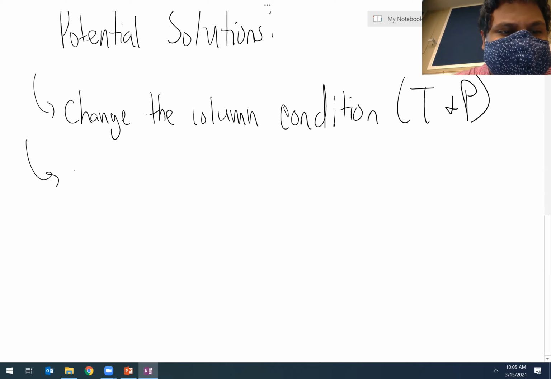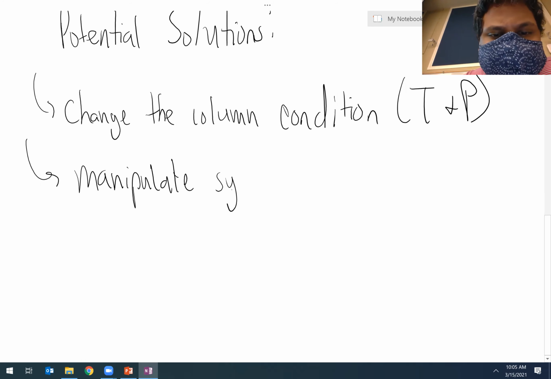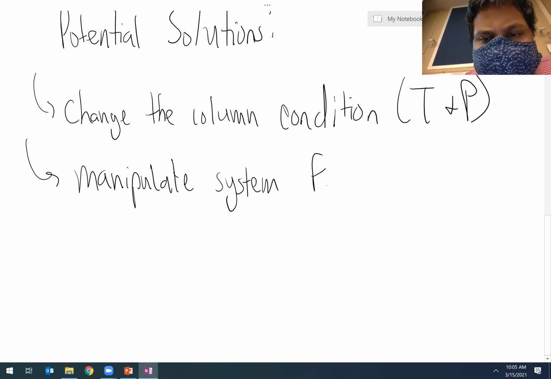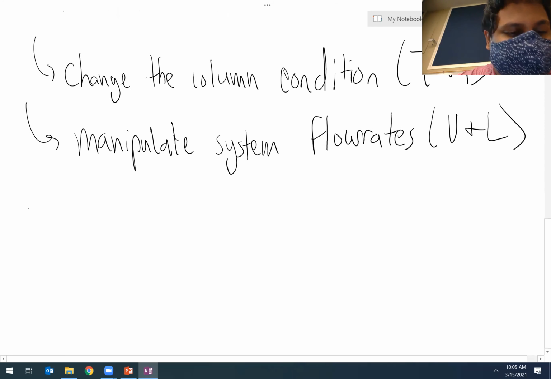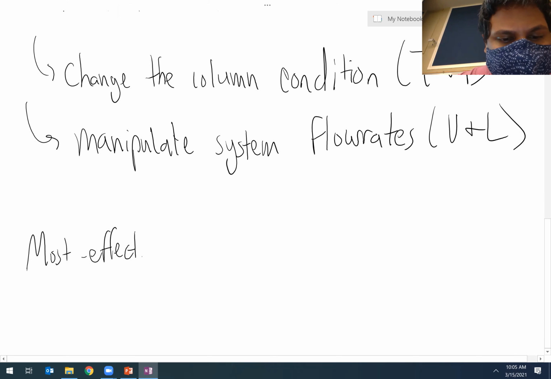We can manipulate the flow rates of our airstream and our liquid or solvent stream, which was water in this case. You guys remember which one we said was the best, most effective way to treat this symptom? Water. The most effective solution was to increase the water flow rate.